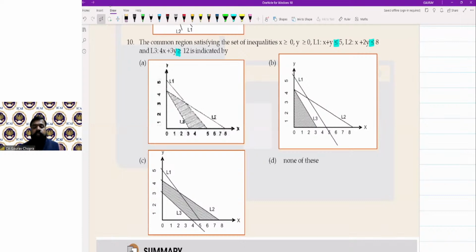Less than means inside area and more than means outside area. So let's check which one will be correct. If you see option number B, everything is inside, so that will be rejected. Now you have to choose between option number A and C.